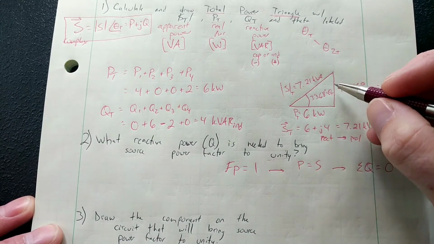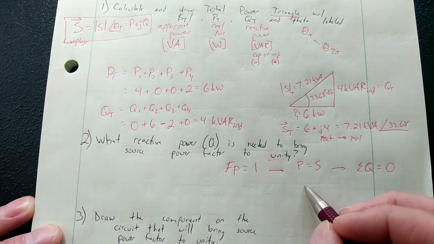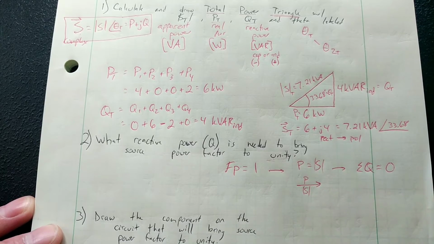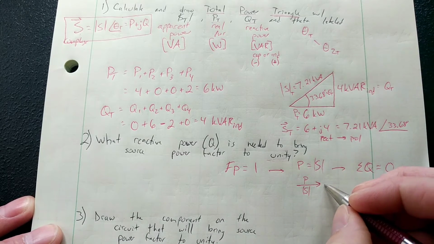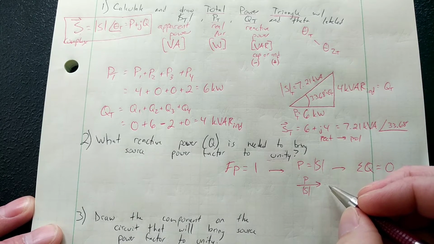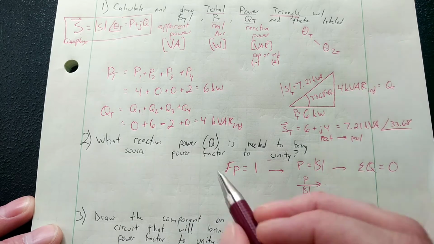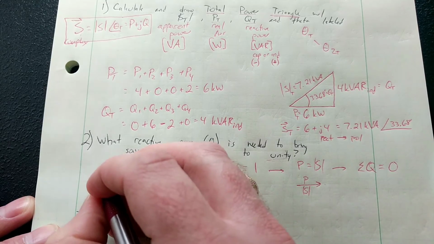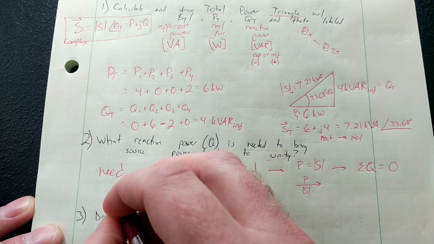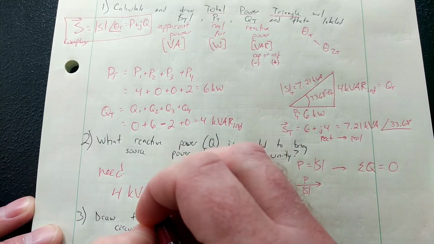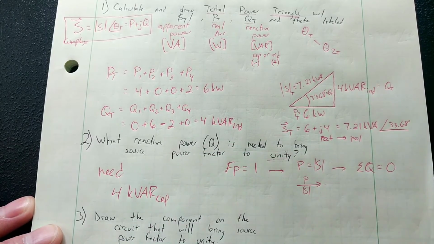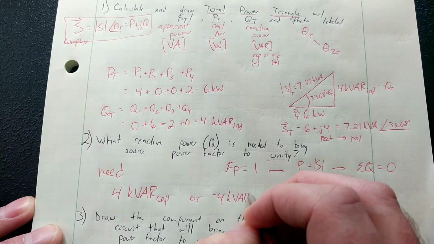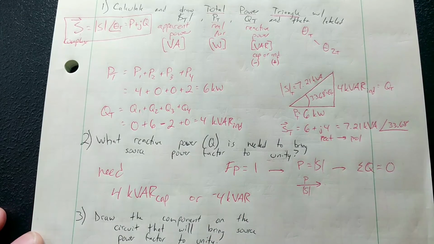I want to turn this triangle into a vector where it essentially looks like this, where P and S are the same and the Q is 0. There is no triangle, it's just a line now. So if I had an inductive 4 kVAR, what reactive power is needed? I need 4 kVAR capacitive, or you could say -4 kVAR. It means the same thing.